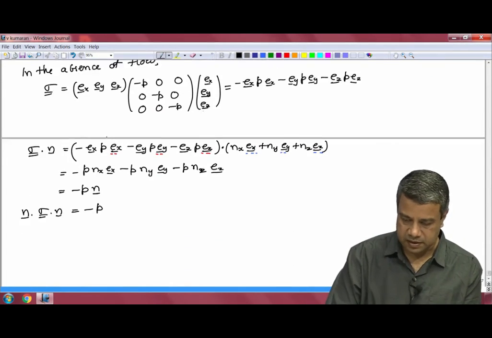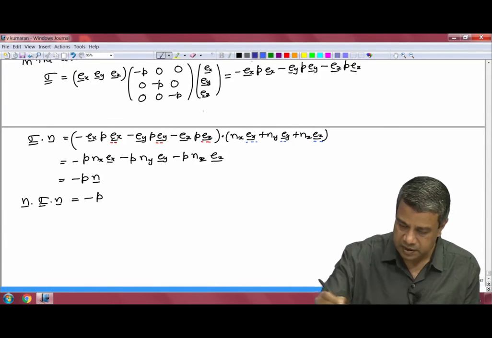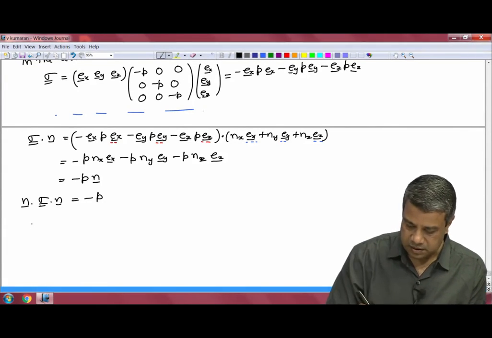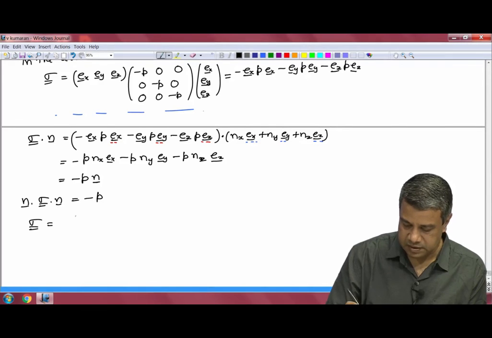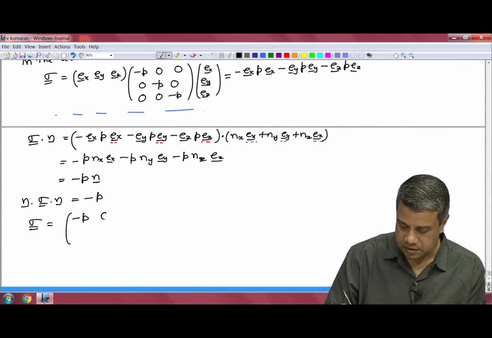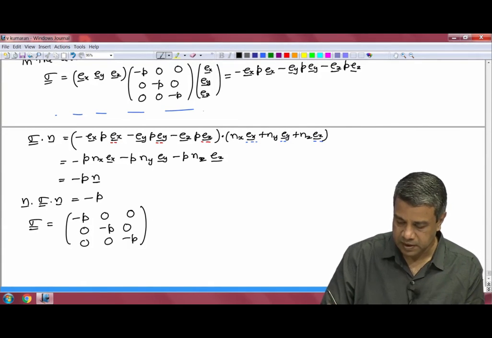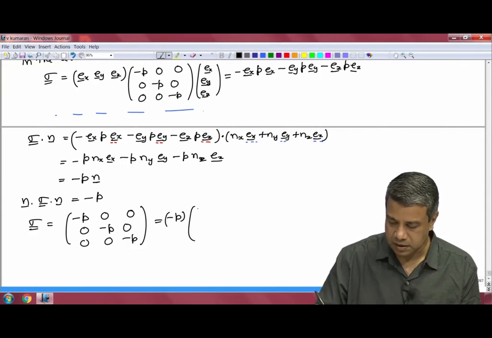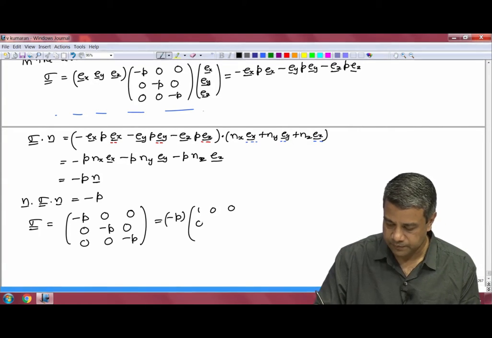This stress tensor is often written in matrix form as minus P 0 0, 0 minus P 0, and so on. This can also be written as minus P into the identity matrix.